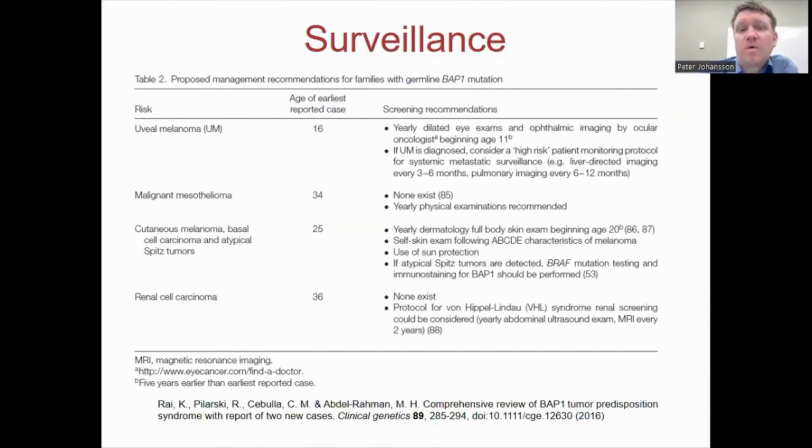Suggestions for long-term surveillance of carriers of BAP1 mutations have been published by Mohammed Abdel Rahman in Clinical Genetics.